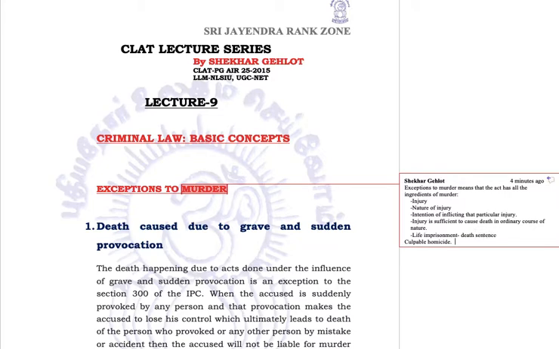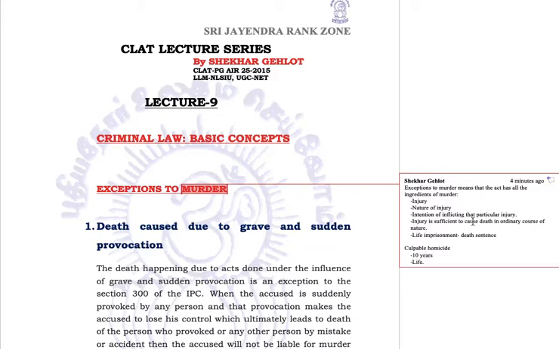But culpable homicide is killing someone but not murder. The minimum sentence is 10 years imprisonment, and the maximum is life.